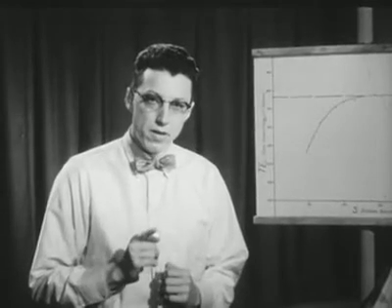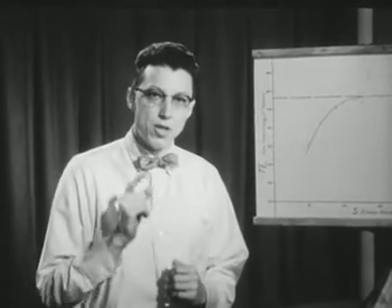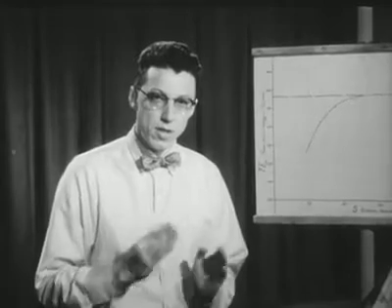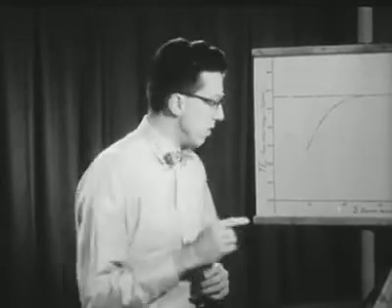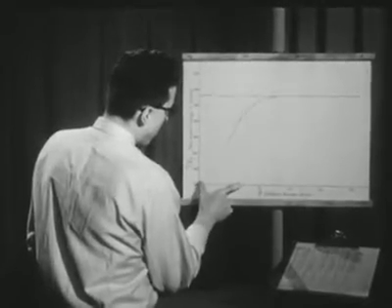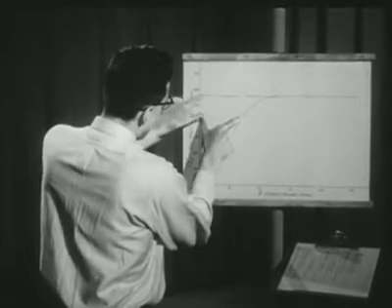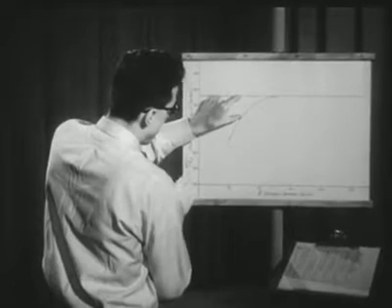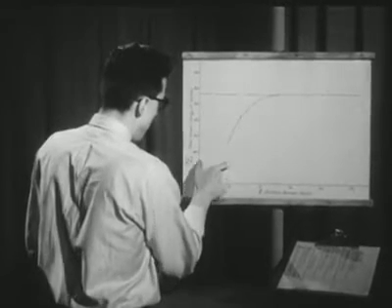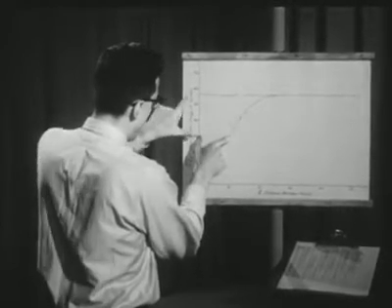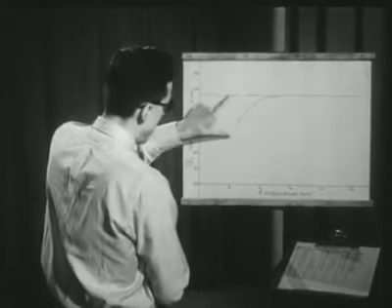To make this clearer, I'm going to plot the stored energy versus the distance between the pucks. For instance, when the pucks are this far apart, the amount of energy stored is this. Or when the pucks are at this distance, the stored energy is that.